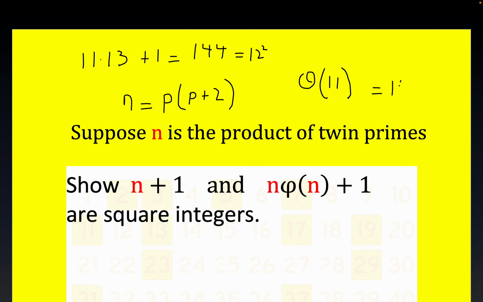It says that all the numbers less than 11 have no common factors with 11. You can write down the numbers 1, 2, 3, all the way to 10, and they have no common factors with 11.